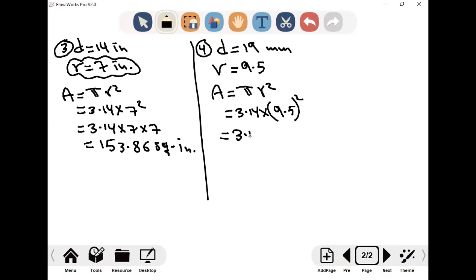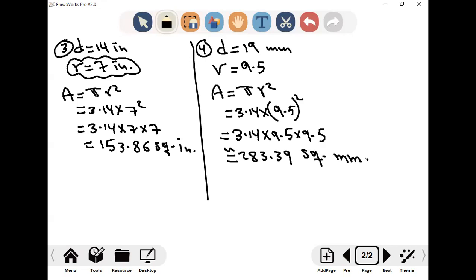This is equal to 3.14 times 9.5 times 9.5, right? Multiply these 3 numbers. It will be 283.39. With rounding, the answer will be 283.39 square millimeters.